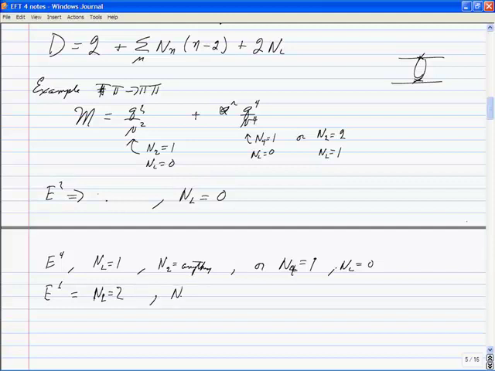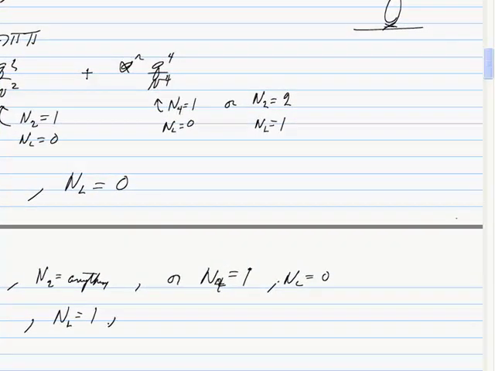You can do 1 loop, 1 from the Lagrangian and 4, or you can do no loops and use N6. Use L6.